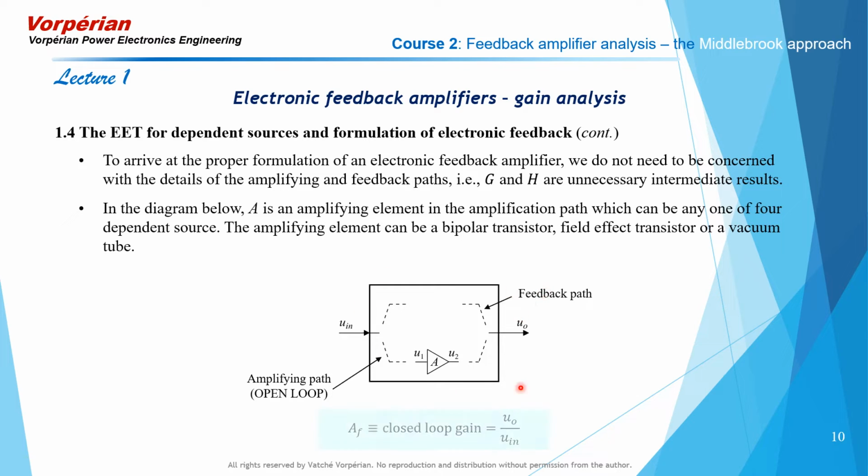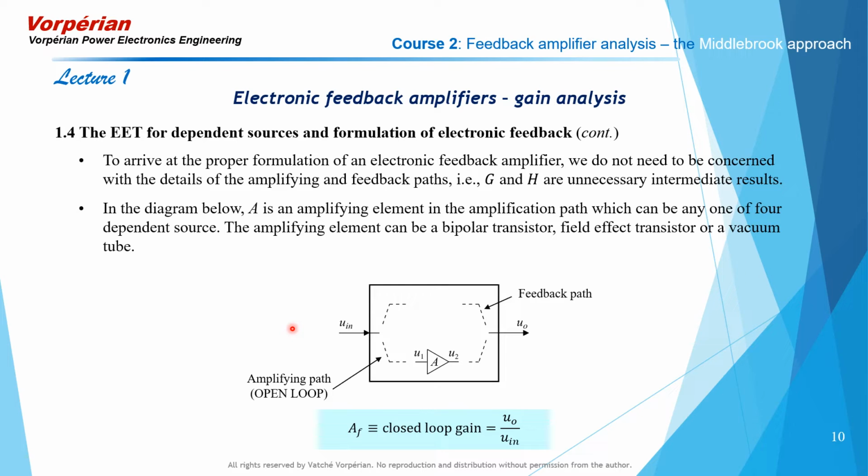And for this system, I can write a gain, output over input, which I will call the closed loop gain, only because in it I can imagine the feedback connection removed and the amplifier operating all by itself, and that would be the open loop gain. And if I make a feedback connection, I will call the gain now, in distinction to the open loop gain, the closed loop gain. Nevertheless, it is just a gain.